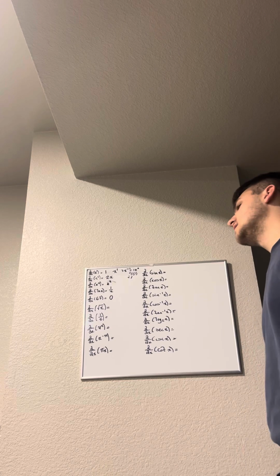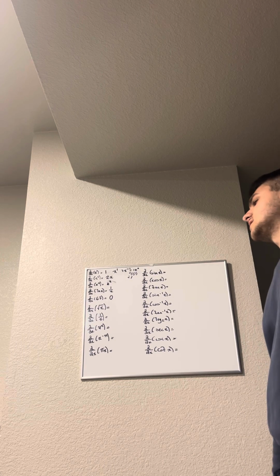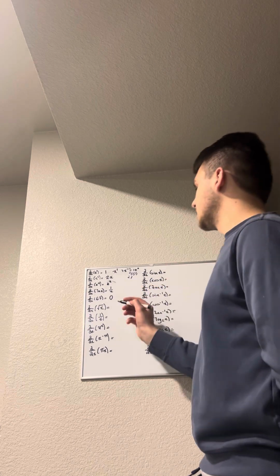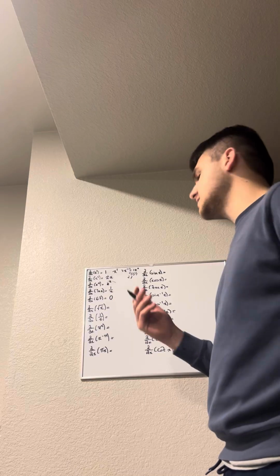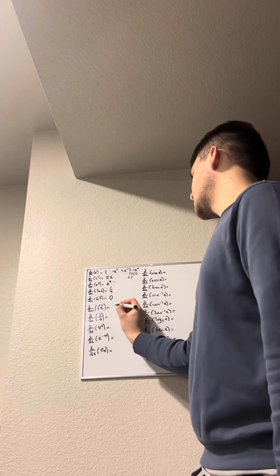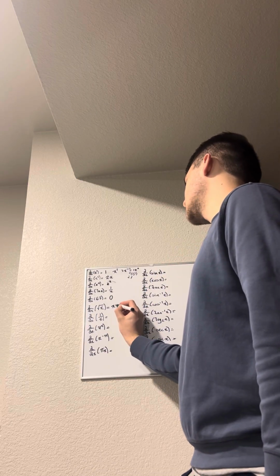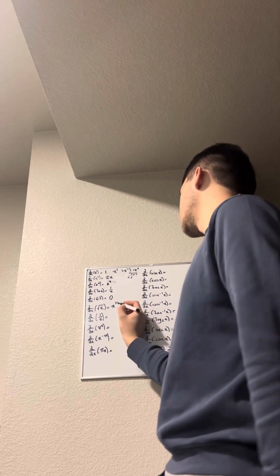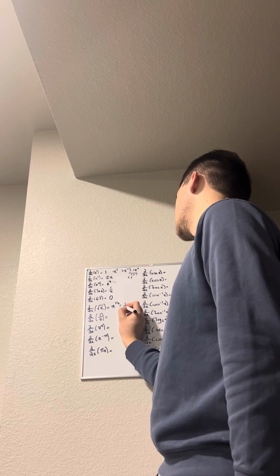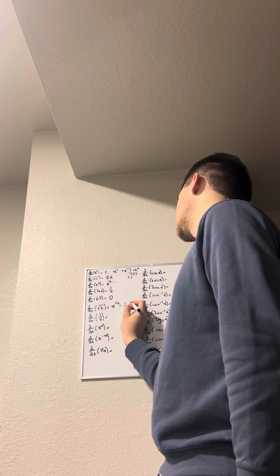And then the derivative of the square root of x. This is an interesting one, because what's easier for me in this instance is usually to rewrite it. So I'll just do x to the power of 1/2, which equals 1/2 x to the negative 1/2.